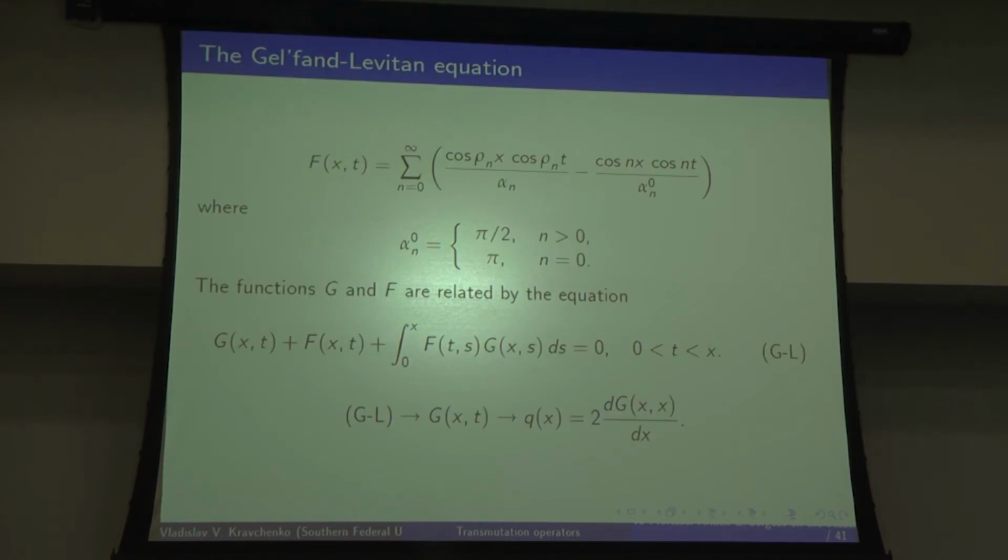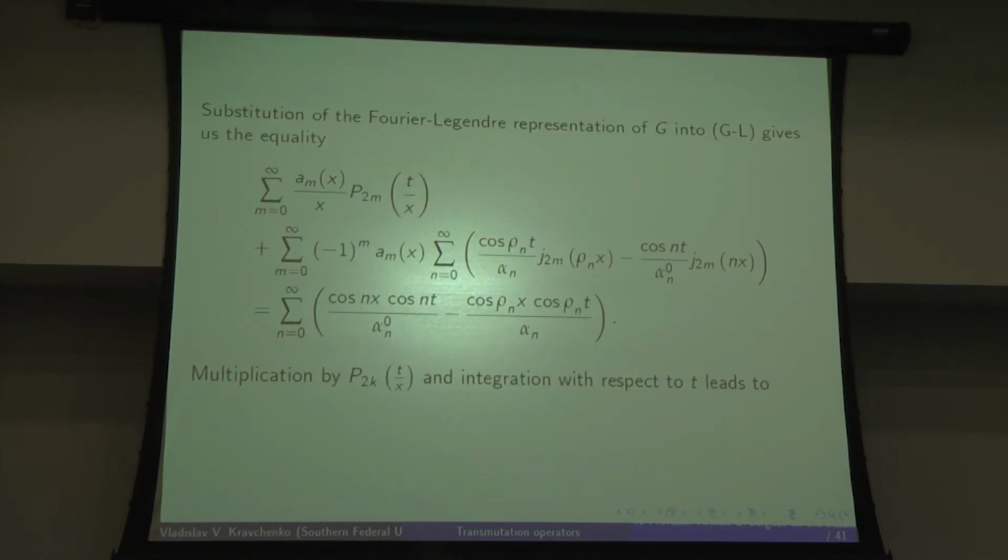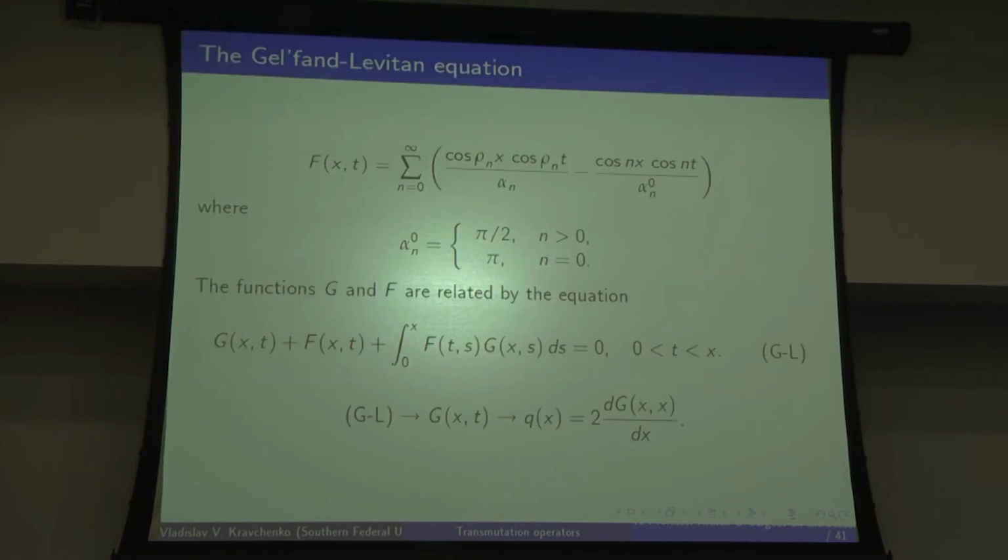First of all, we remind that there exists such a nice equation like the Gelfand-Levitan equation. It's a fantastic thing from the spectral theory. The equation tells us the following, that the kernel G is related with this function f, which is constructed having this spectral data.